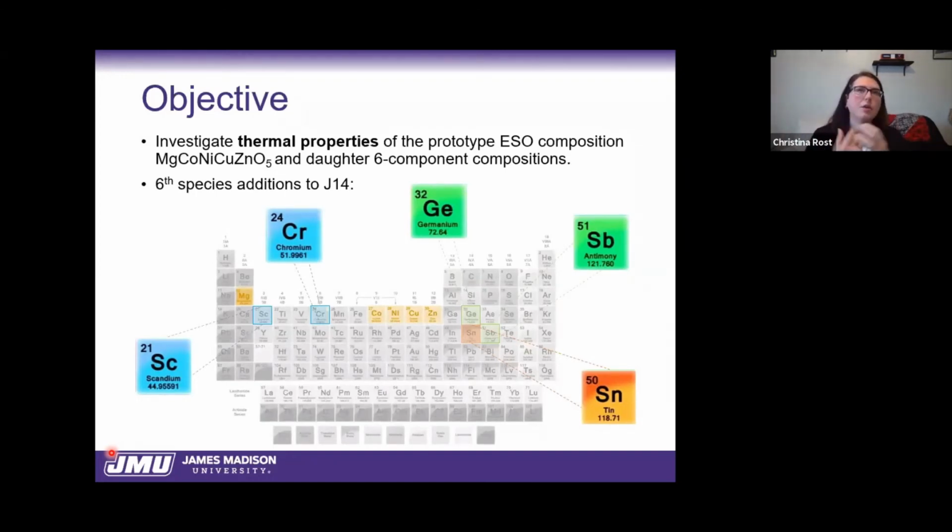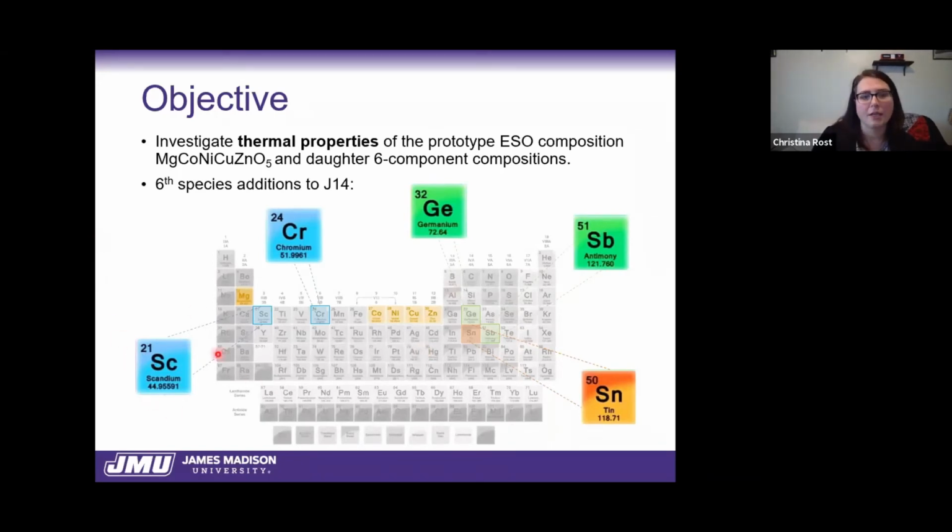And then we wanted to see what would happen when we added a 6th component to our 5-component solid solution. So we came up with several different elements to see what our limitations were in terms of atomic properties, and if we can back out any sort of relationship between what these elements are a little bit known for versus the properties that we observe.